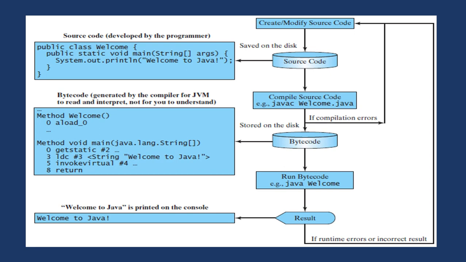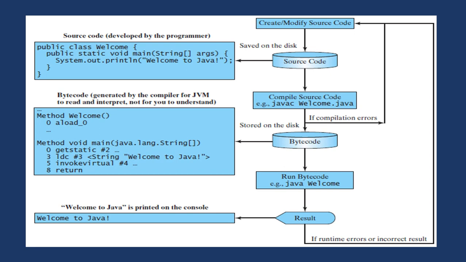After the successful writing of the source code, the second step is to compile. We have already seen how to compile it, javac Welcome.java. If there is no error, then automatically it will produce what? Bytecode, and it is saved on the disk where the actual file is. For our last example, it is stored on the desktop.